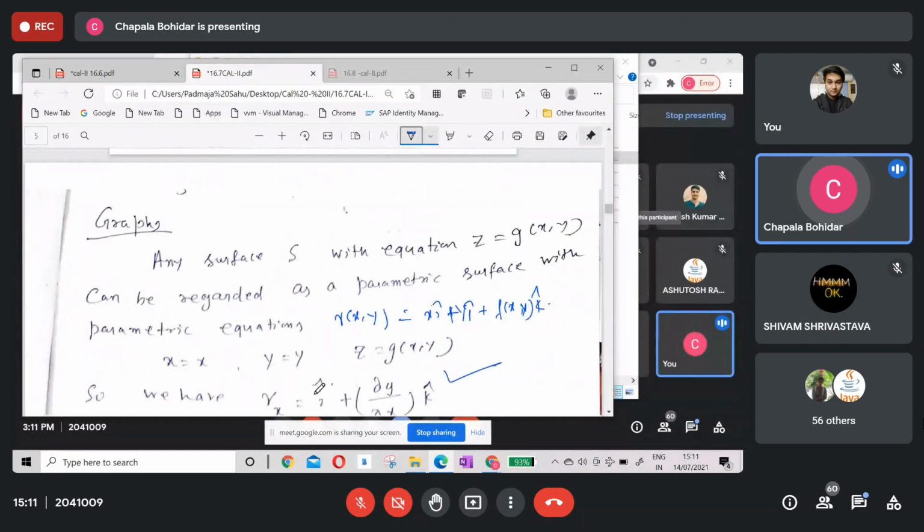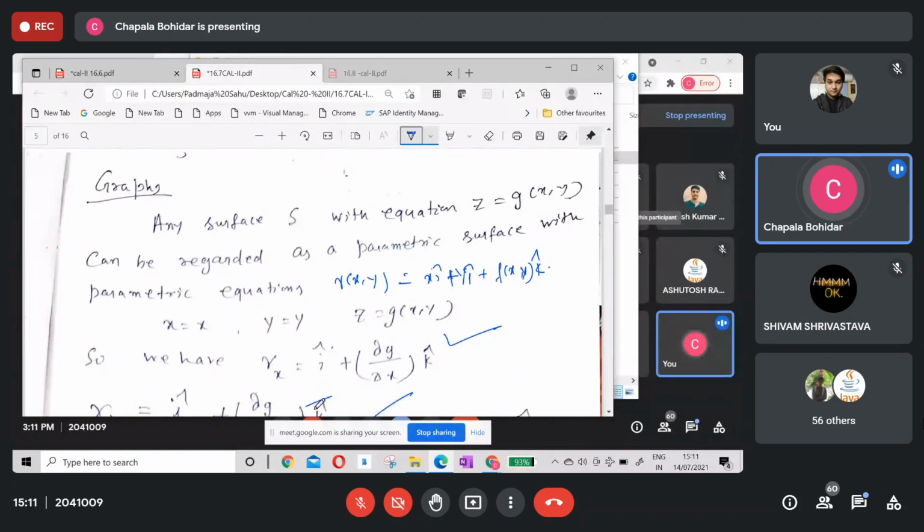Now, graphs. Already you know it from earlier. For graphs, we are considering x is equal to x, y is equal to y, and z is a function of x, y. So if z is a function of x, y, we write down r(x,y) is equal to x i cap plus y j cap plus g(x,y) k cap. From that we find r_x, differentiating with respect to x. That is we get this value i cap plus del g by del x k cap.